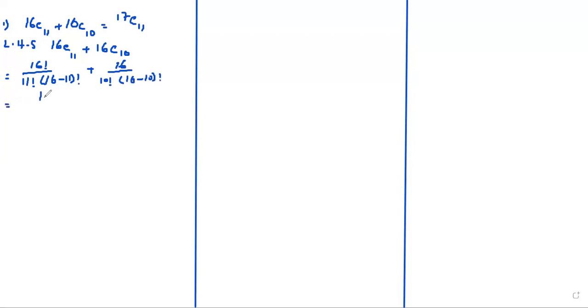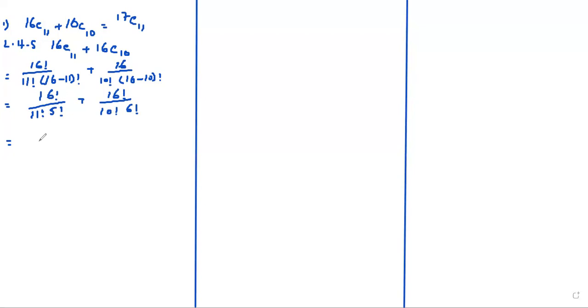So 16 factorial divided by 11 factorial times 5 factorial plus 16 factorial over 10 factorial and 6 factorial. Okay, we'll not expand these. We'll just take common.